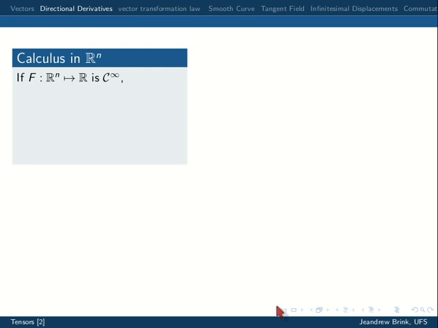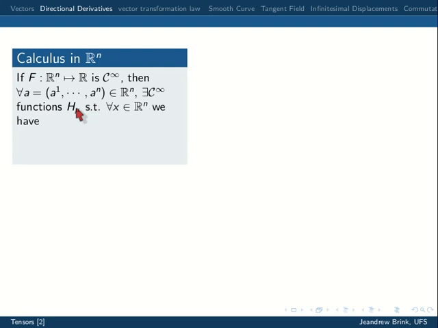Okay, so in calculus in Rn, so this is just ordinary Rn, suppose we have a function from Rn to R, and it's C infinity, and then suppose we have a point A in Rn, so any specific point A, then there exists a series of C infinity functions h of mu, such that for all x in Rn, you have the following identity, okay?